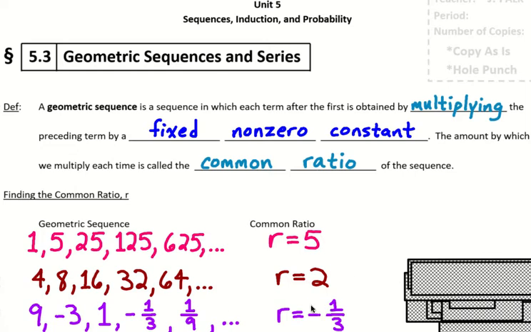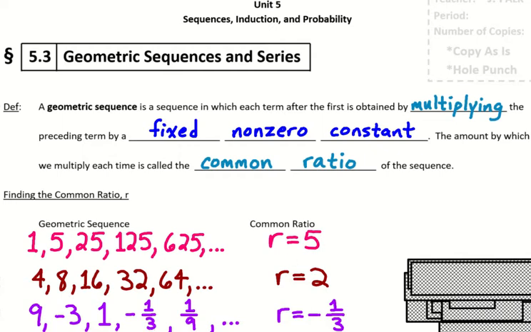Same kind of thing here. In a way you are dividing by negative 3 to jump to the next term, but technically you can't say that your common ratio is that you're dividing by negative 3. You still technically have to say that your r value is negative 1/3, because that's what you are multiplying by.